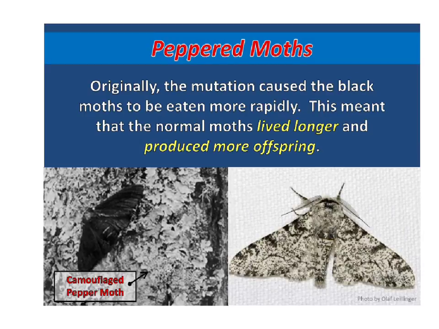So originally, the mutation caused the black moths to be eaten more rapidly. And here's why. The trees in the area in Britain that they lived on contained an organism on the surface of the bark called a lichen. You've heard the word lichen before. Lichens are pioneer species. In this case, the lichen's living on the bark of the tree.